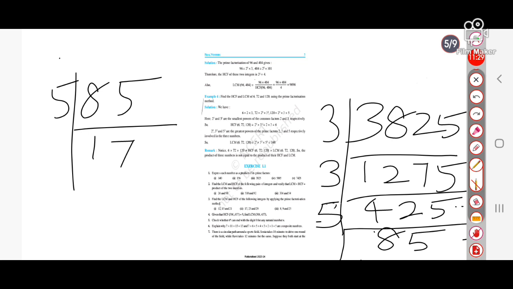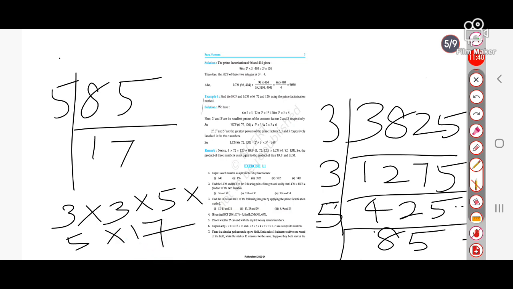So 3825 can be represented as 3 cross 3 cross 5 cross 5 cross 17. So this is expressing a number as a product of its prime factors. Over here every number present is a prime number.